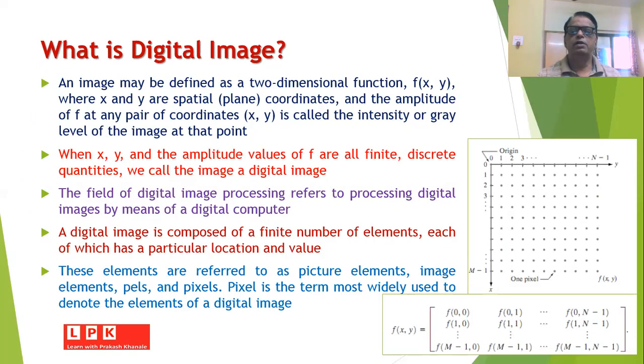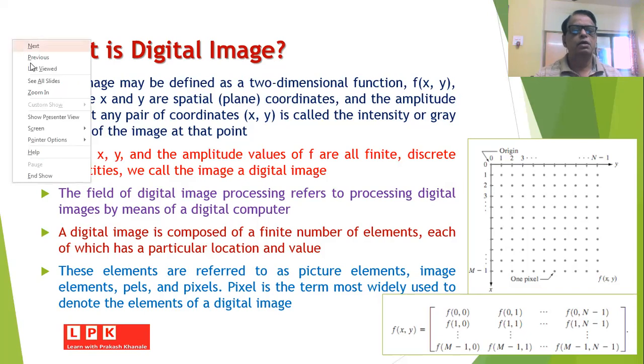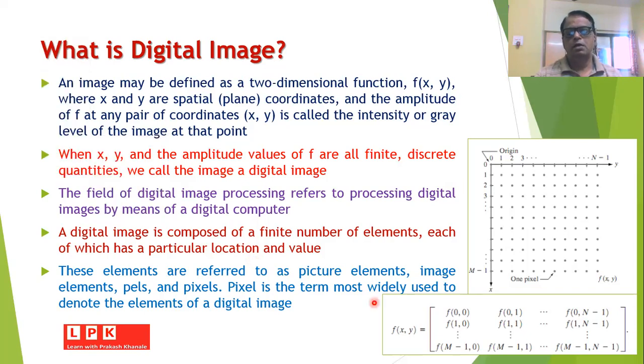The function returns the intensity value, and the image basically consists of a large collection of pixels, where every pixel has a certain intensity value. This intensity value can be described by the function f of x comma y, and the function can be described by using a matrix, whose values give the intensity values at the different pixel positions.